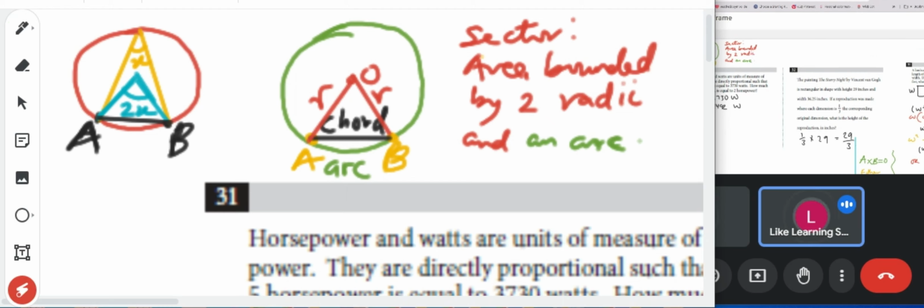Let me show you. Before I talk about the area whose boundaries are just a chord and an arc, do you know that this bigger one is also a sector? This bigger side I'm shading is also a sector, because the boundaries are the big green arc and the two radii too.